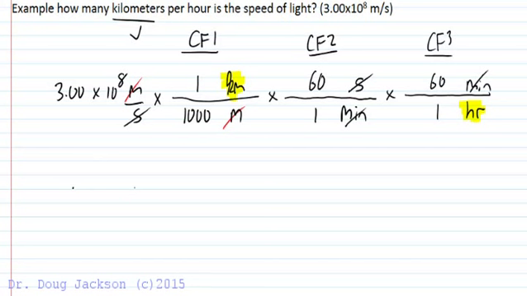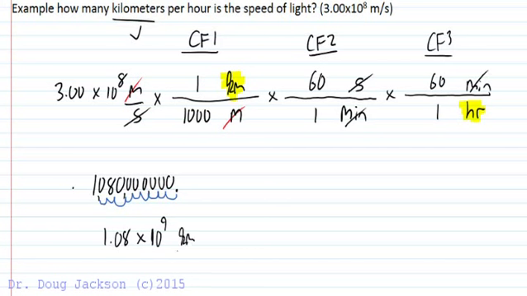So I should get 108 followed by 7 zeros. Really big number. And we can put that in scientific notation. Here's our decimal place, moving 9 places: 1.08 times 10 to the 9 kilometers per hour.